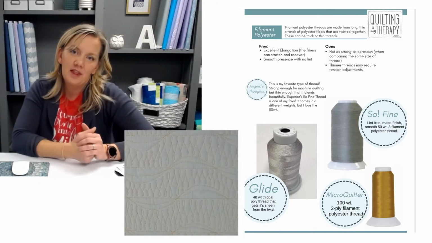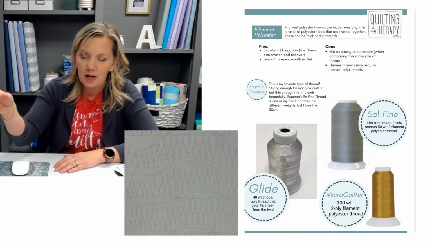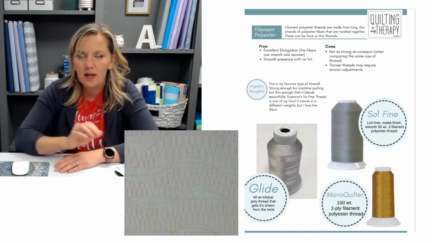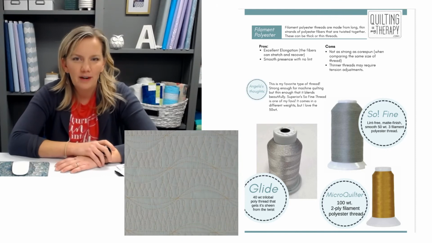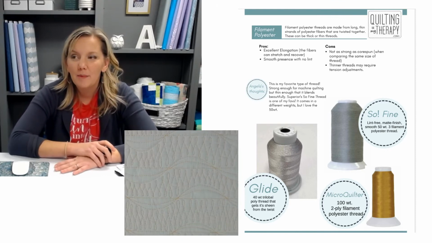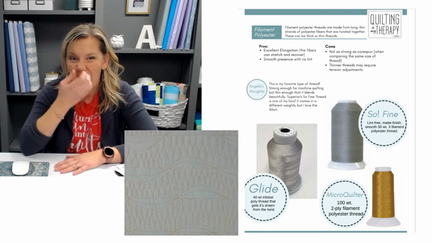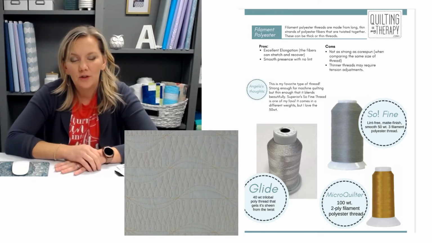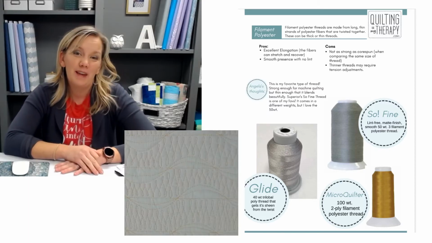So if you're working with this on a sewing machine or long arm and you're using your cone holder up this way, you're going to want to use a thread net for that. And any kind of thin thread will benefit from that. If I'm using the spool on my long arm, I still use my regular vertical post. I don't necessarily feel like I have to put a side horizontal spool on that. If you don't know what I'm talking about, then don't worry about it. But sometimes that could be helpful as well.